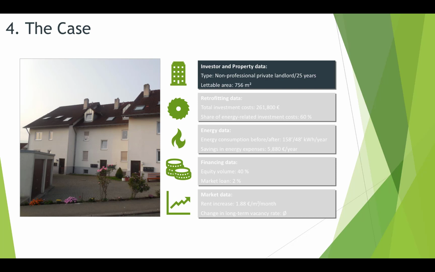Next, the amount spent for retrofitting reasons. We have around 260,000 euros of investment costs in total. Nevertheless, watch out! We are only interested in the share of investment costs that is related to the energetic refurbishment. For this reason, a division of total investment costs into energy-related and so-called anyway costs is necessary.